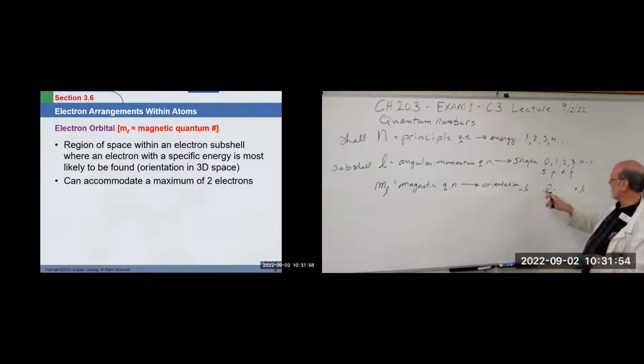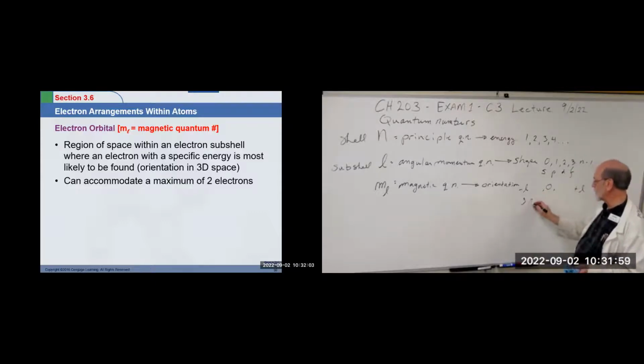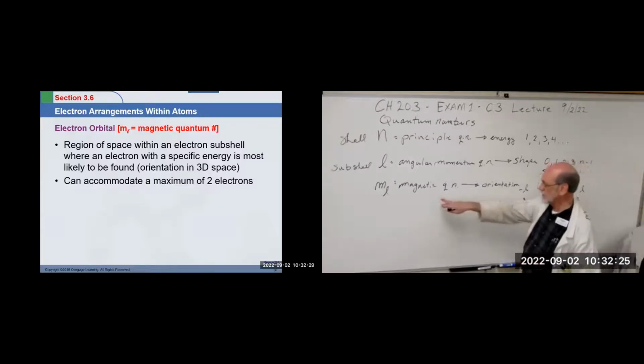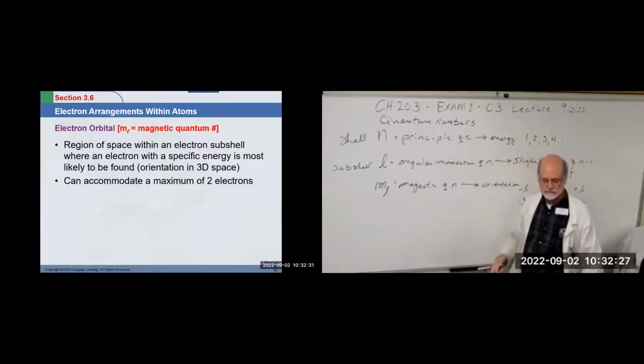So if your l starts at, say, 3, you can go to 2, 1, 0, it's negative, plus 1, plus 2, plus 3. See what I mean? Take the l as the extreme ends, negative and positive, and then you have unit changes in between. So you have 1, 2, 3, 4, 5, 6, 7 possible orientations for the F subshell in the magnetic quantum number.